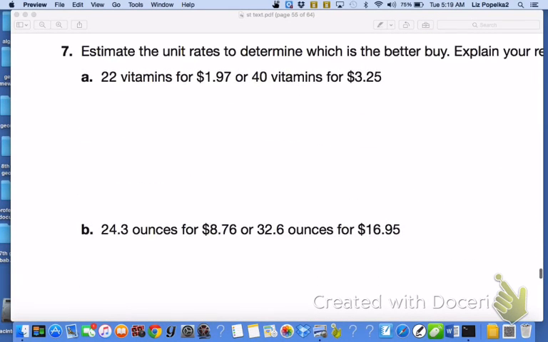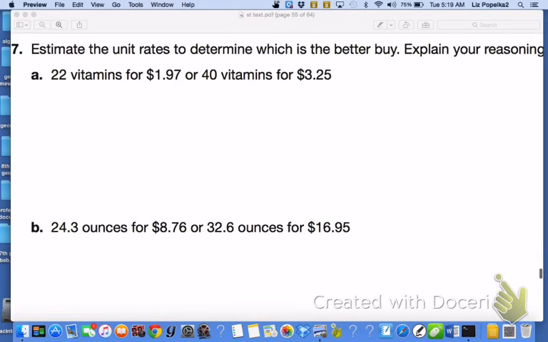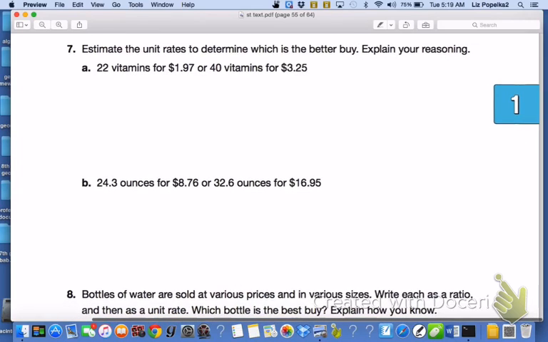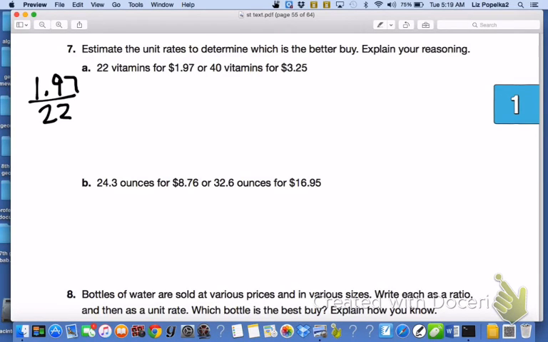Go ahead and look at number 7. Pause the video. Try to work it out yourself. I am going to go ahead and assume you've paused the video and tried it out yourself. So it says determine which one's the better buy and make sure you're explaining your reasoning. So I've got an option of $1.97 for 22 vitamins.